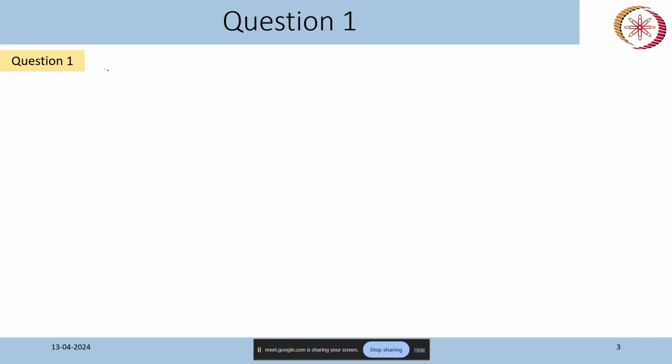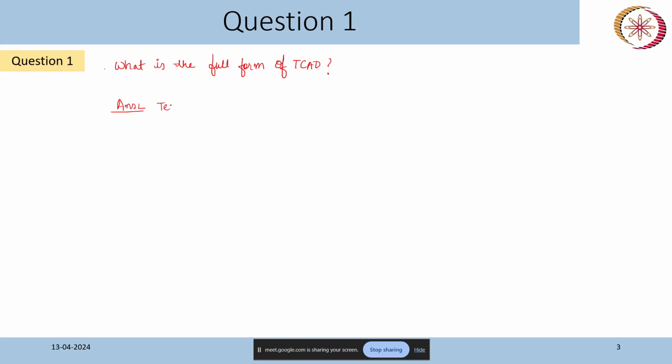So let's start with a basic question. This topic was about TCAD simulation tools. So the question is, what is the full form of TCAD? What does TCAD stand for? It is Technology Computer Aided Design.